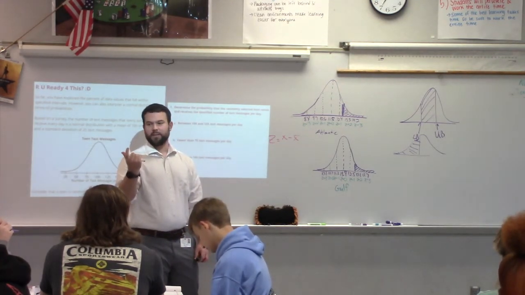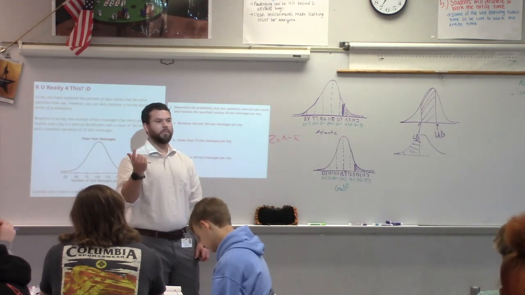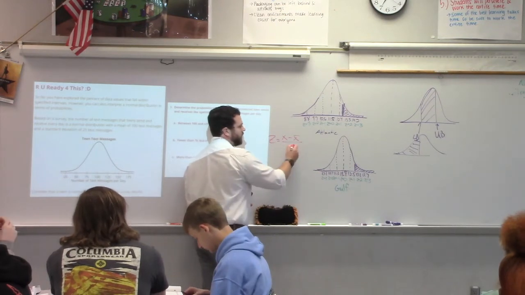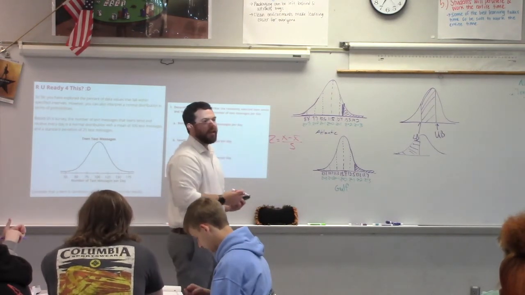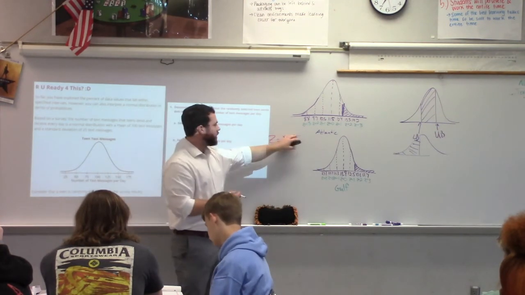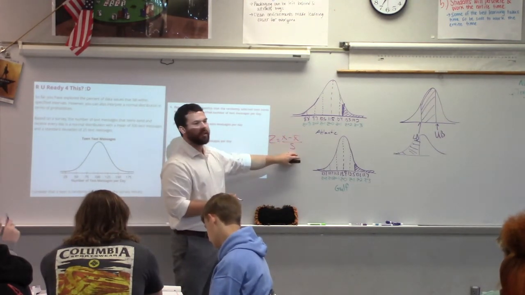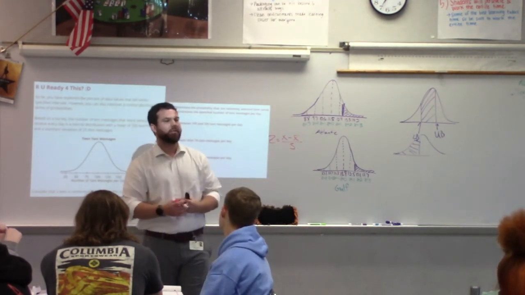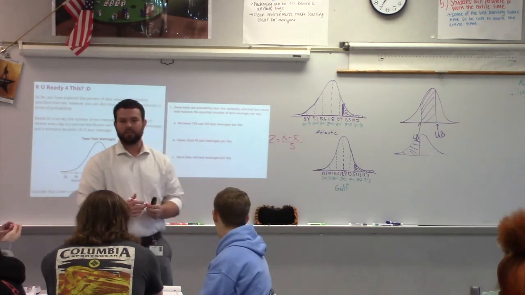When you find that difference, that's telling you how far that is from the mean. Then I divide by the standard deviation, right? That will give me how far the value is from the mean in terms of standard deviations. That's what a z-score is: the number of standard deviations that value is from the mean.